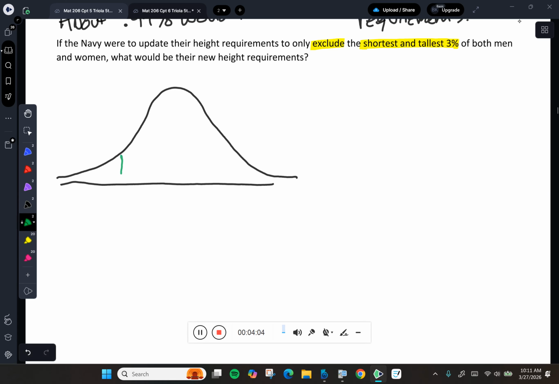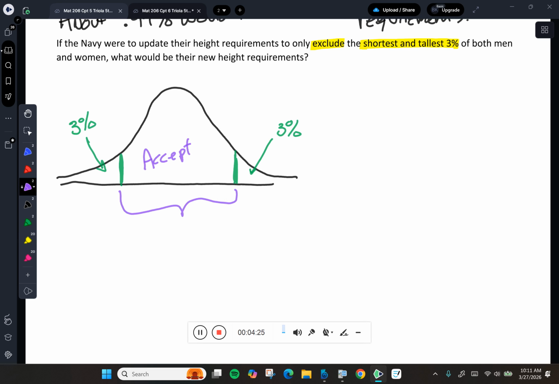So what if we wanted to find a number for here and a number for here, so that that was 3% and that was 3%, meaning that we would accept all those in the middle between these two values, and we would reject those that we consider too short, and we would reject those that we consider too tall.